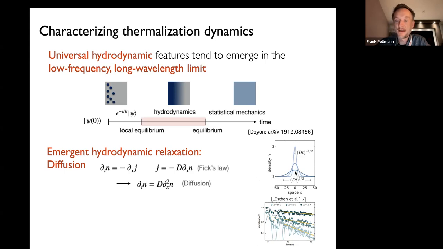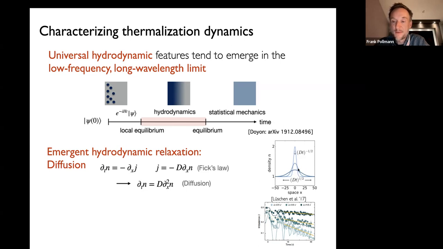So for example, and this is now shown in this right plot here, we could say that we prepare an initial state where it has a very large particle density at the very center of our system. And then as we go along, the particles will diffuse over the system, and we could just describe it by this diffusion constant.